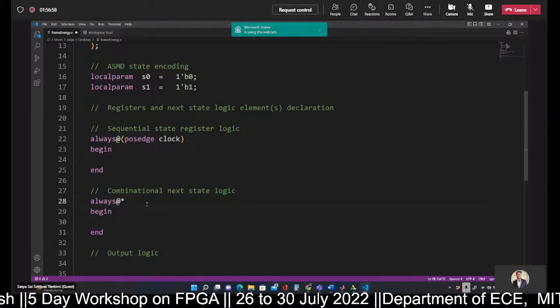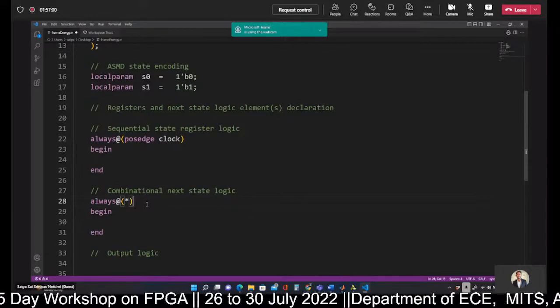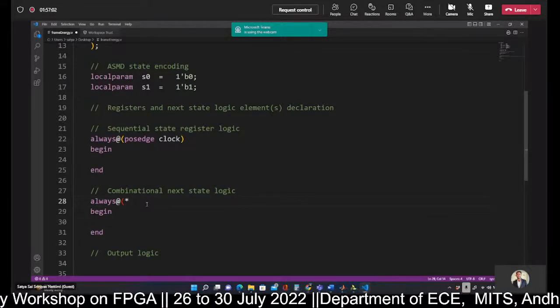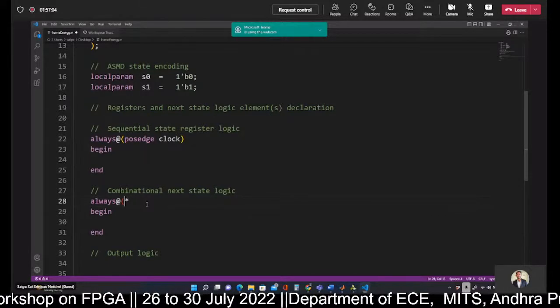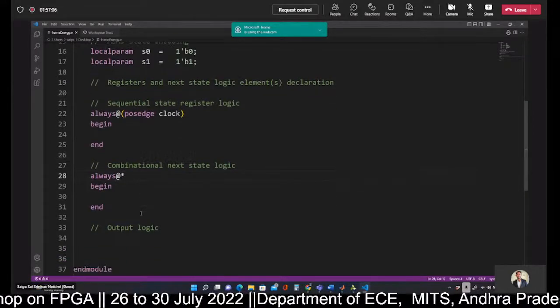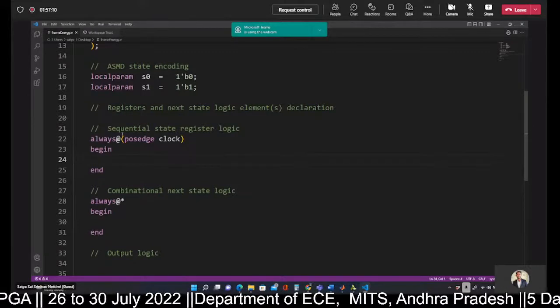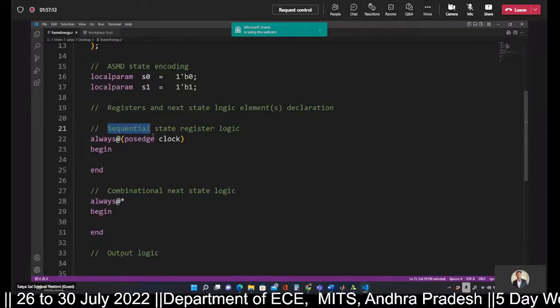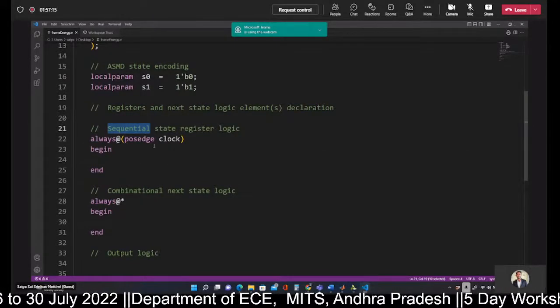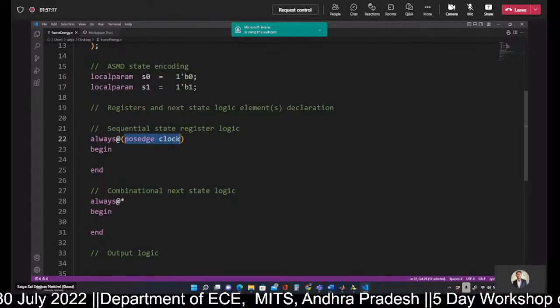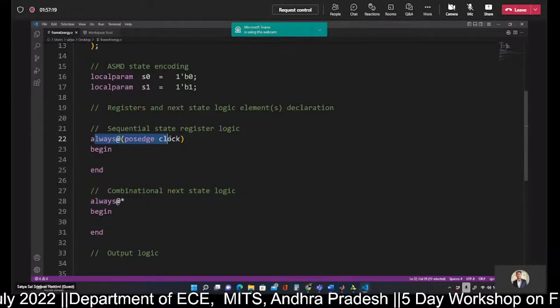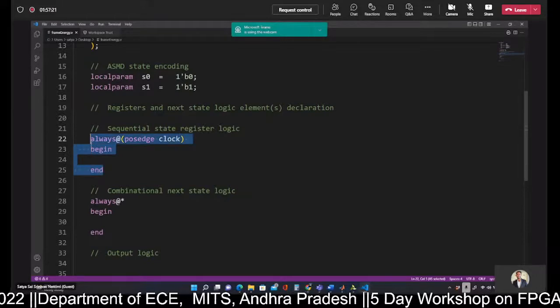You can also keep parenthesis star, that was also allowed, or else this is also allowed. So in this case, we have to do it. Next, coming to the sequential logic, the sequential logic is sensitive with respect to a clock. So that's why we have written always at the edge of the clock, begin and end.